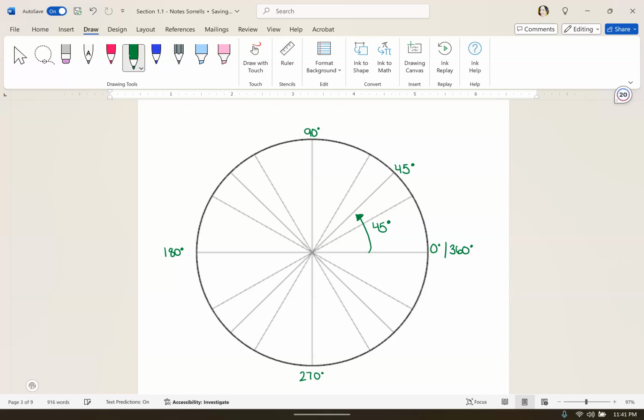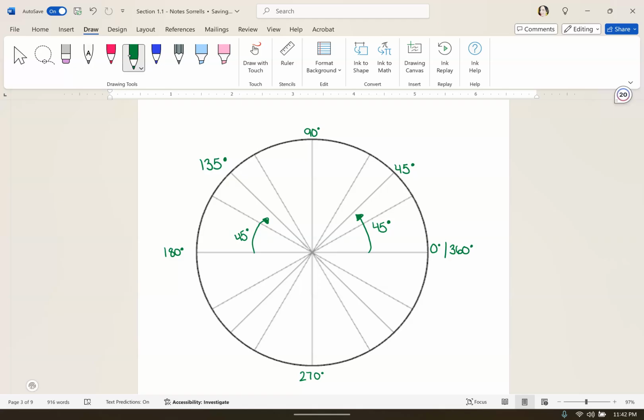That means I have to go backwards here 45 degrees. So what is 180 minus 45? Hopefully you said 135. To get there, we had to subtract out that 45.